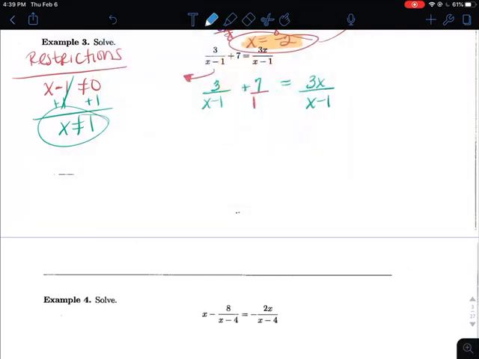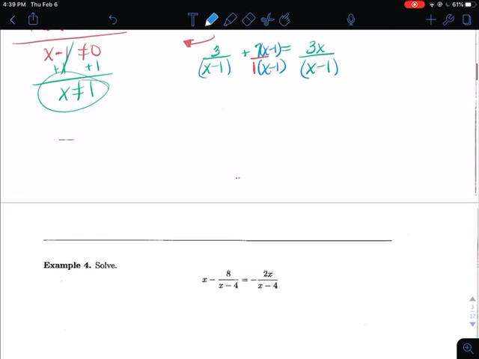And since the other two denominators have an x minus 1, I'm going to make this denominator have an x minus 1 by putting it in the bottom, but I also have to put it in the top. So when you do that, you get 3 over x minus 1.